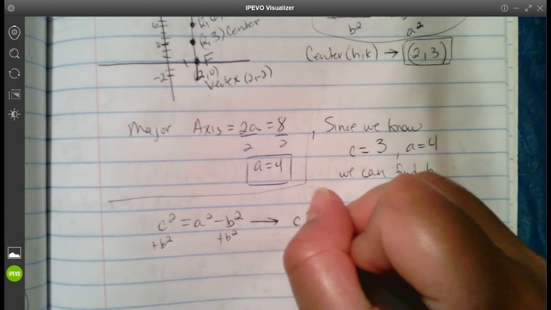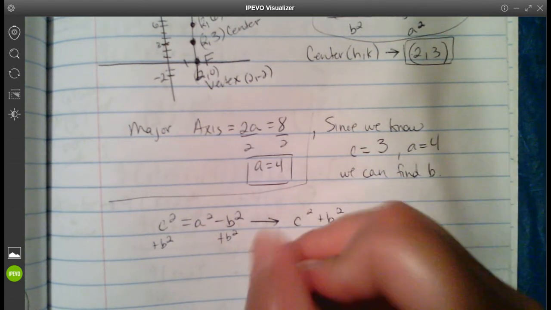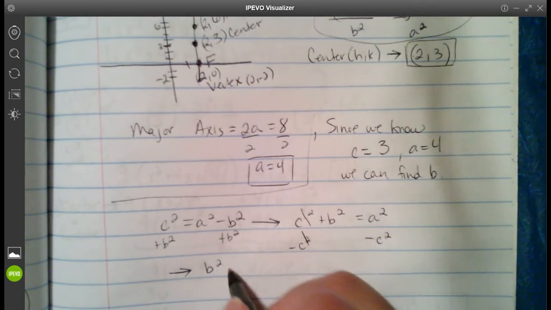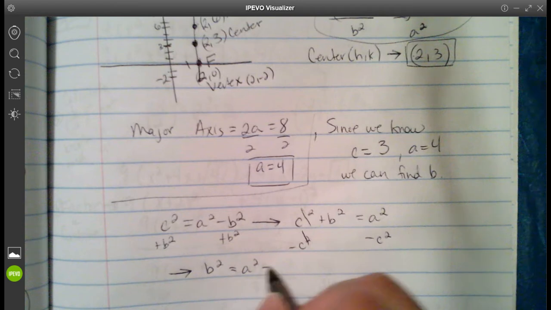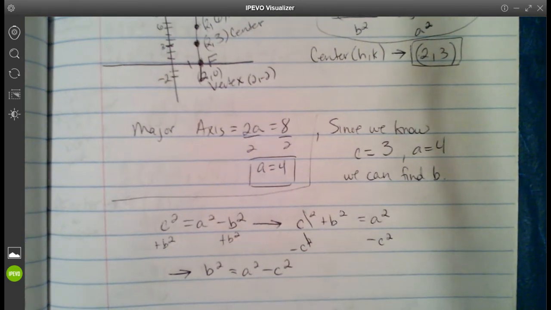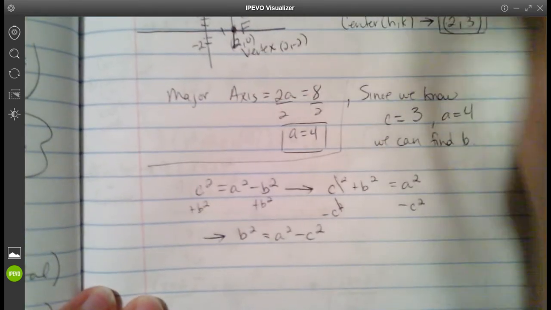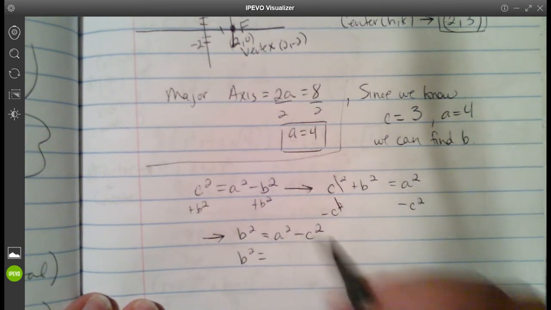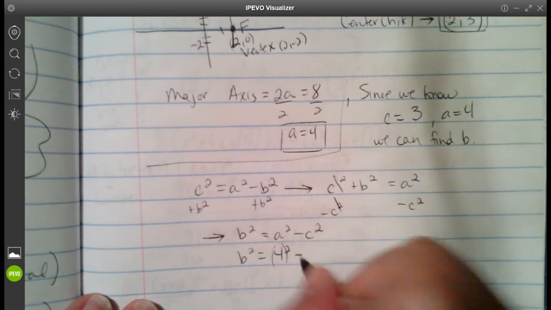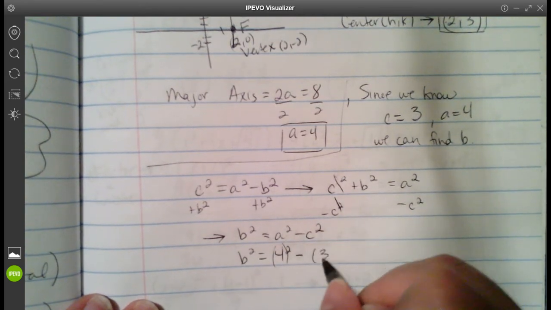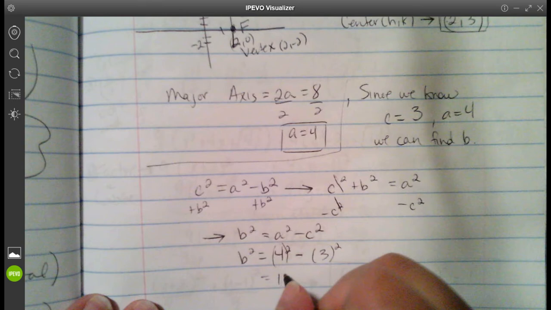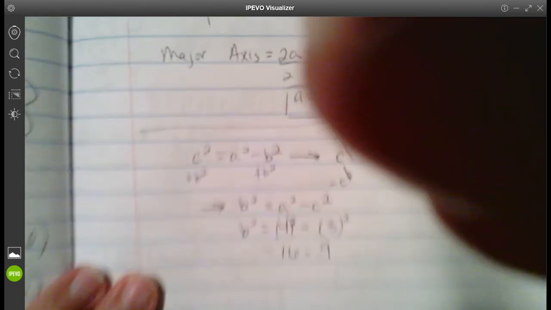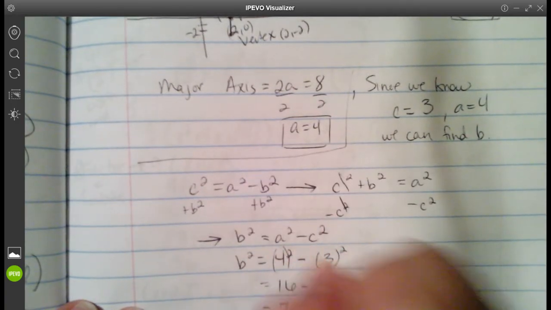Now I'm going to subtract c squared from both sides, and that gives me 0 on that side. So b squared is equal to a squared minus c squared. That's what I want because I need to figure out what b is. Now that I have this, I can plug everything in. So b squared is equal to 4 squared minus 3 squared, which is 16 minus 9, and 16 minus 9 is 7.